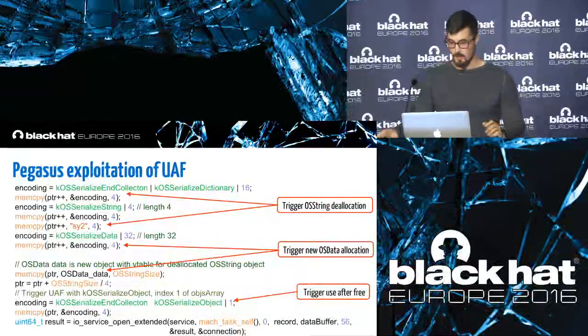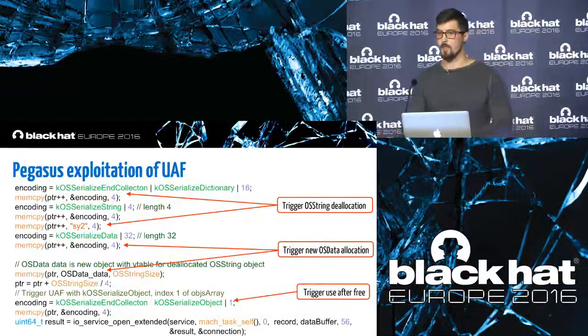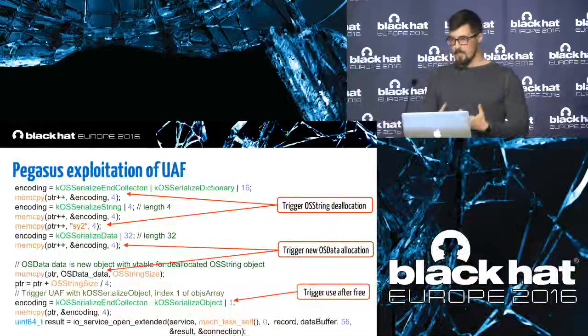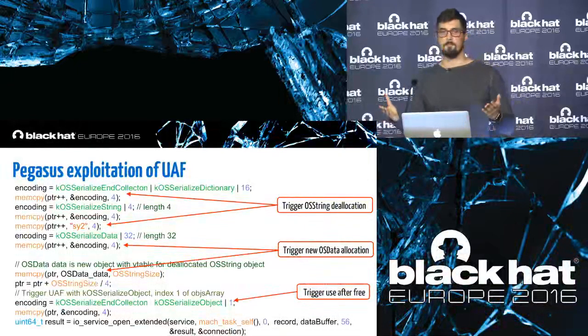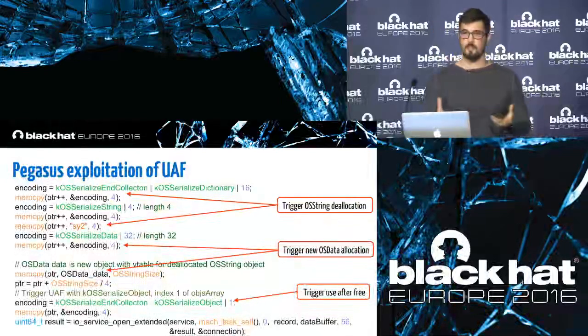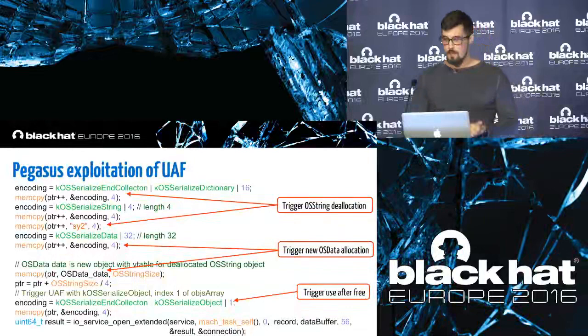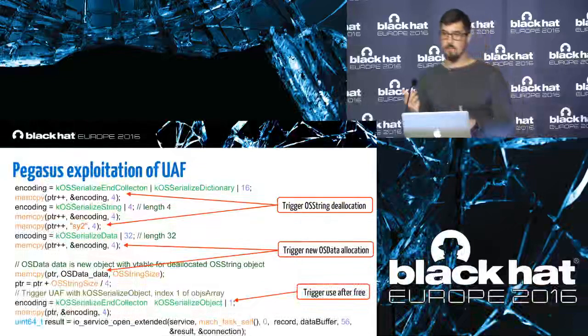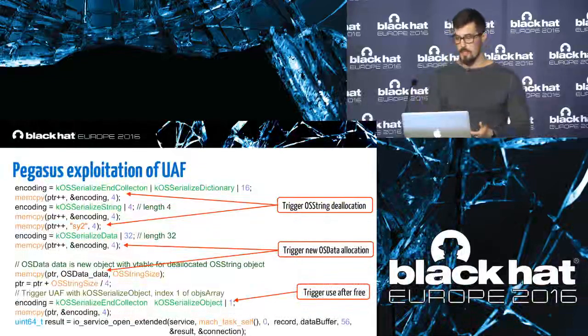First of all, let's create an OSSerialized dictionary that will contain an OSString that will lead to object deallocation. And as this OSString object is 32 bytes in memory, we need to do the next allocation to reallocate with our attacker-controlled object. For this purpose, OSData is a perfect candidate. OSData can point to a buffer. We can control the buffer size. We can control the buffer content.